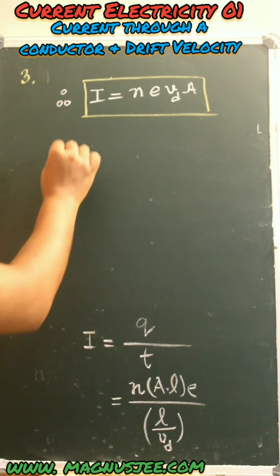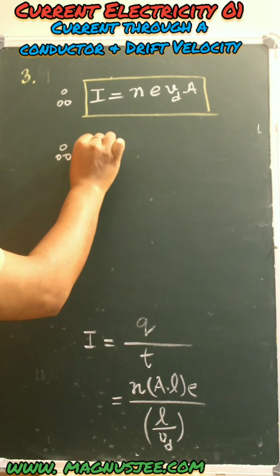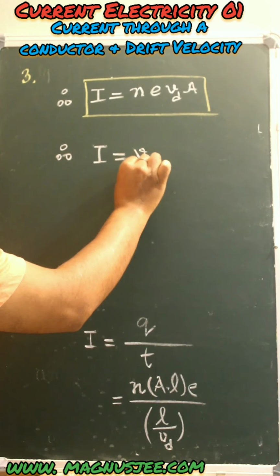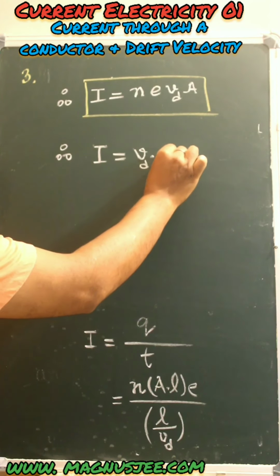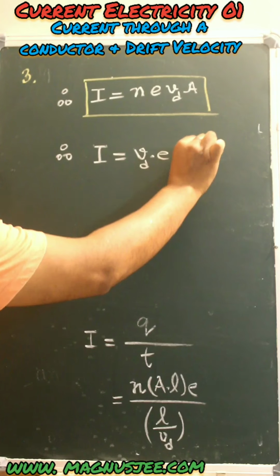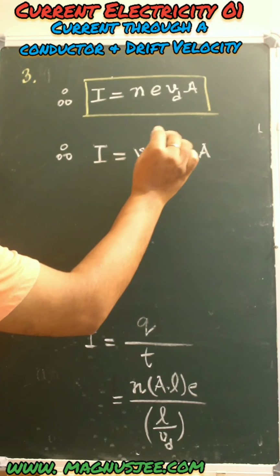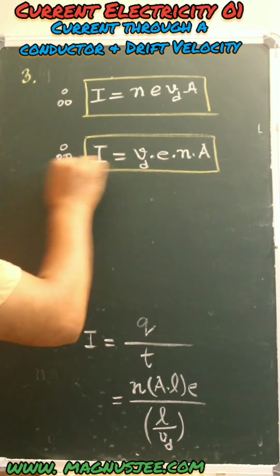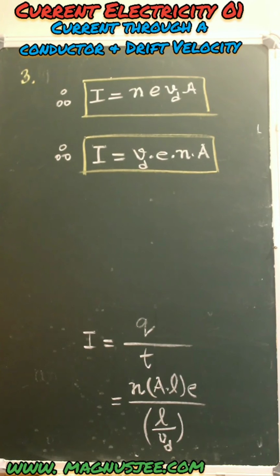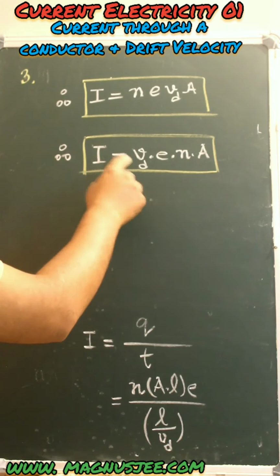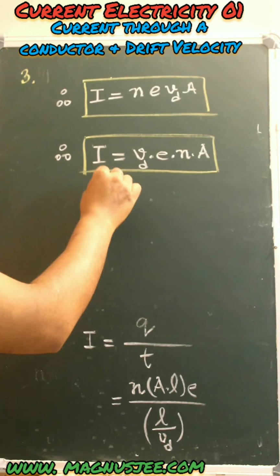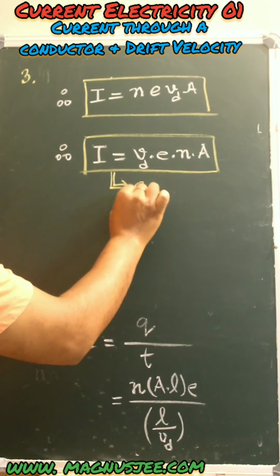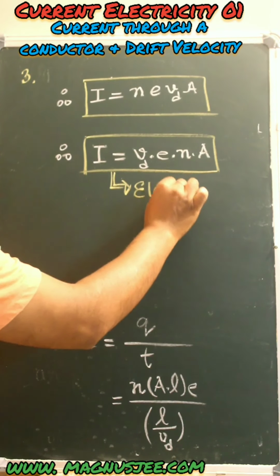Another way it can be written is I equals Vd e n A. This is also an expression of electric current flowing through the conductor.